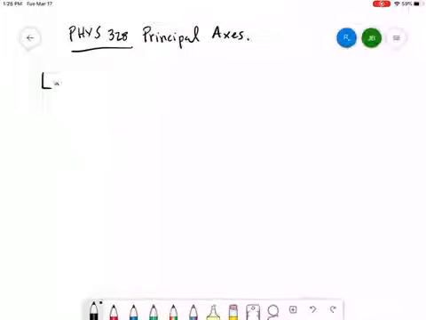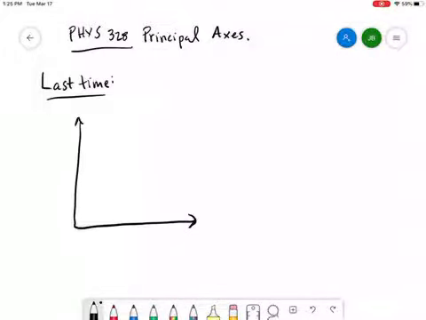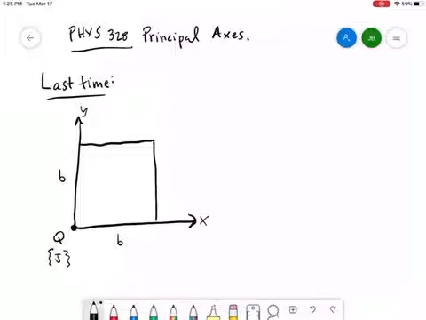So last time we were working on this problem where we had a square slab, and the square had sides of length b. We started with a coordinate system where we had an origin Q at the bottom left corner, and we wanted to calculate the rotational inertia tensor, which we called J, with respect to point Q, where the axes were x horizontal, y vertical, and z coming out of the screen.